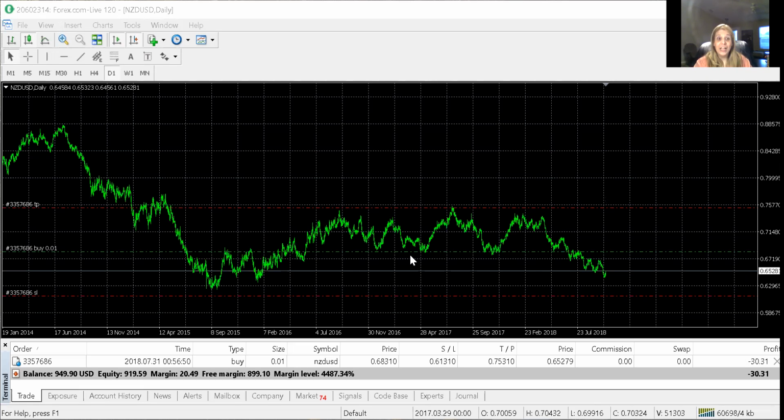This is actually a buy, and it is with NZDUSD, or otherwise known as New Zealand USD. The entry price on this buy was at the time 0.68310.